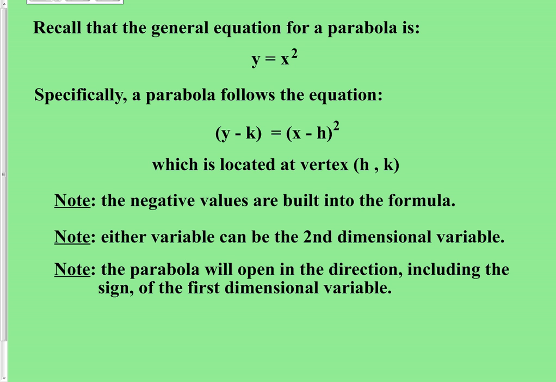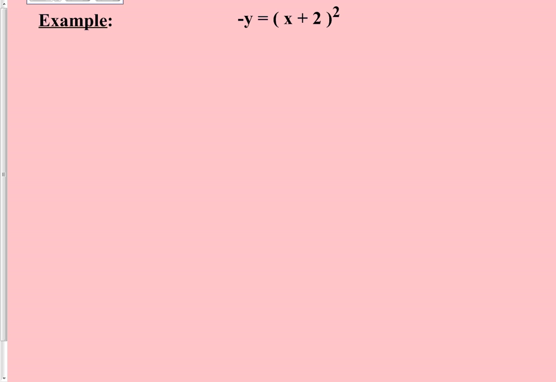So let's take a look at these equations. Let's start off with this one: negative y equals x plus 2 quantity squared. There's really only two pieces of expected information that we can pull from the formula. The rest of it would be getting the specifics of the equation.